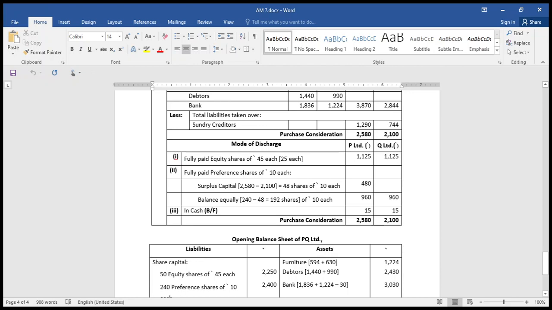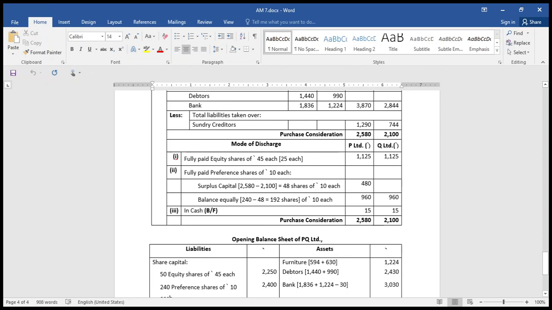And again we have one more piece of information. The balance should be settled in the form of cash. So how can we ascertain the balance? We know the purchase consideration in case of P Limited is 2580 and in case of Q Limited is 2100. Out of 2580, 1125 worth of equity shares is issued, and 480 and 960 worth of preference shares are issued.